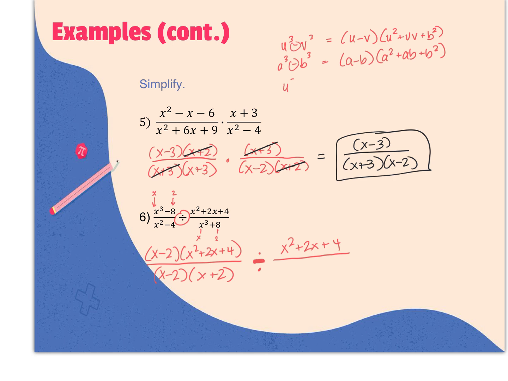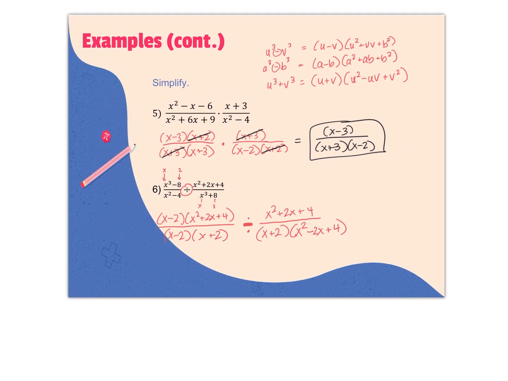Well, the sum of cubes, the formula for that was u plus v times u squared minus uv plus v squared. Okay, so now I do that formula. So this one's going to be x plus 2 times x squared minus 2x plus 4. Okay, so now I have it factored.